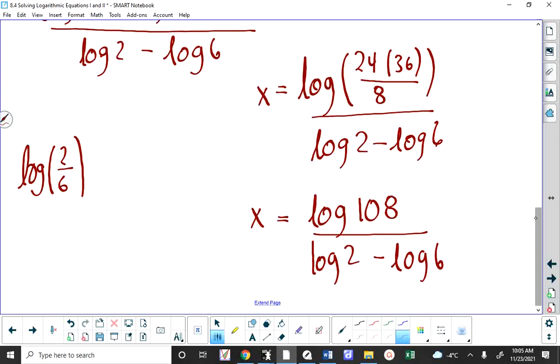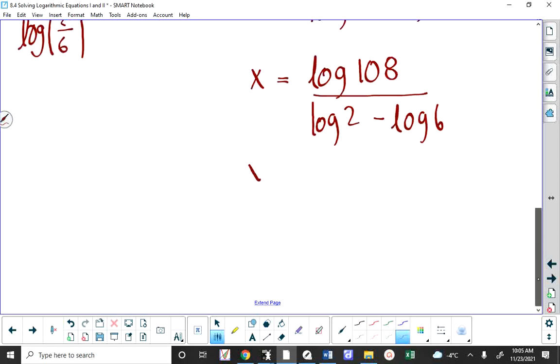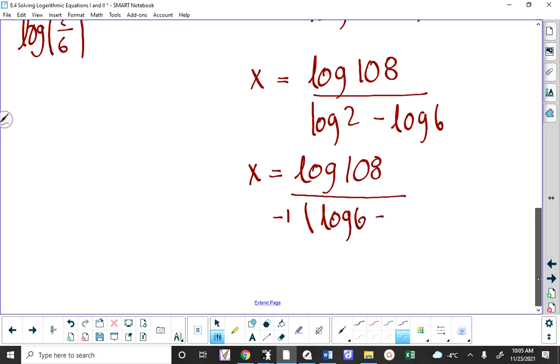Well, we can make it the other way around by factoring a negative 1 out: the log 6 becomes positive, the log 2 becomes negative. Log 6 minus log 2 is log 3. It's log 6 over 2.